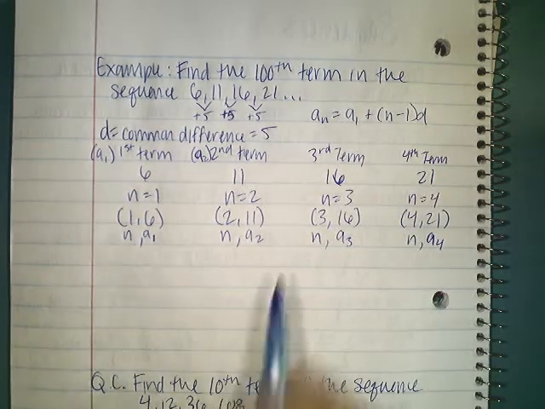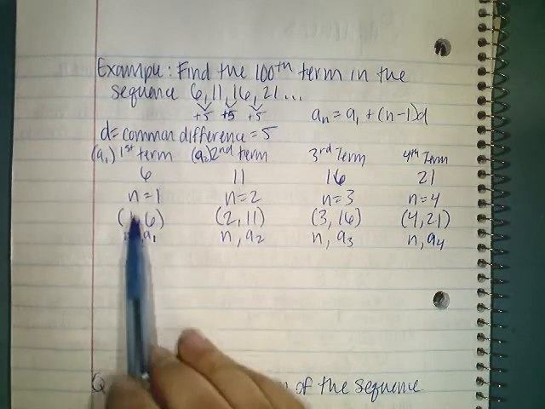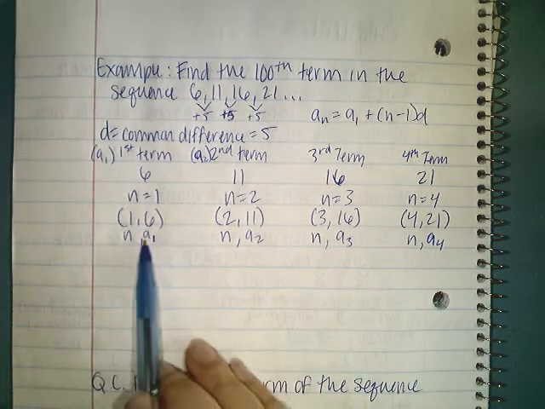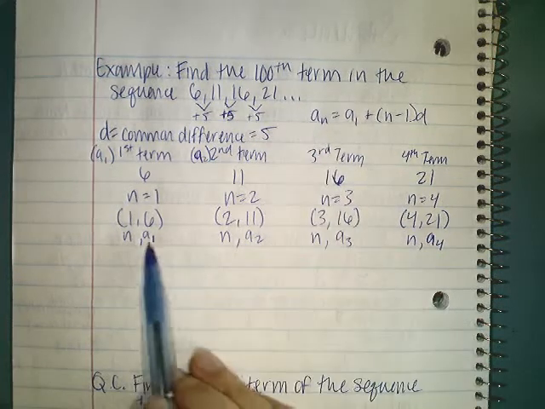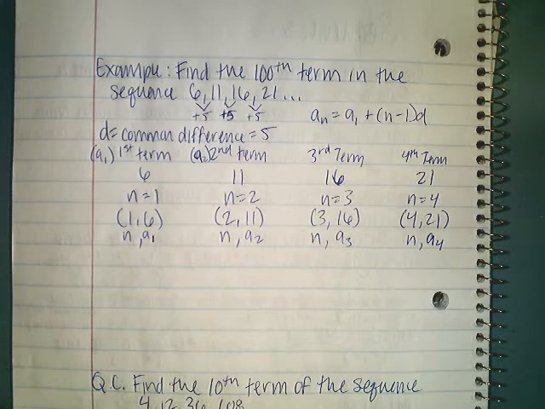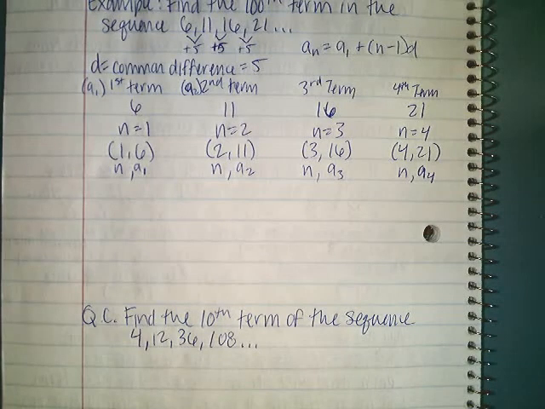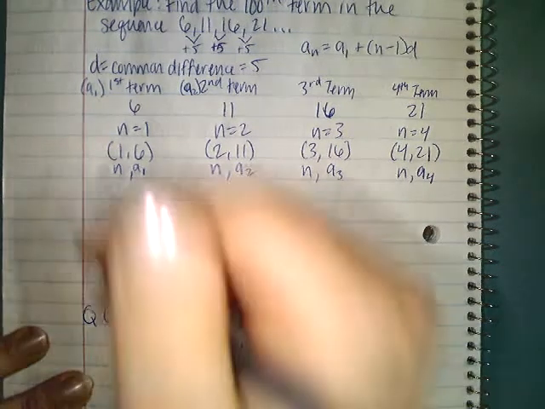So these are like our x and y values, but instead of using x and y, we're using n and a_n, which is kind of like our function notation. We put this subscript in small on the bottom that tells us which term number we're talking about. So continuing on for the sake of time, I know that this part is my term number.